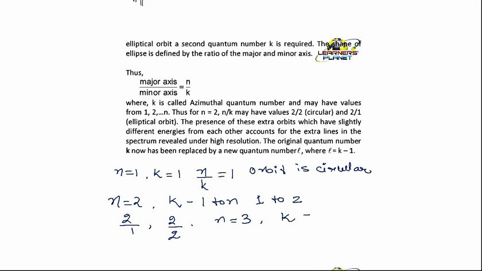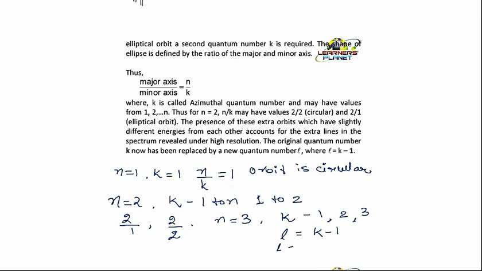If n is equal to 3, how many values will k have? K will have 1, 2 and 3 values. Now students, this k is replaced by L, where L is equal to k minus 1.